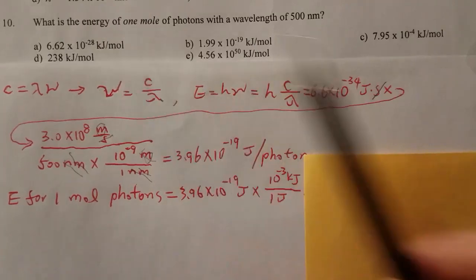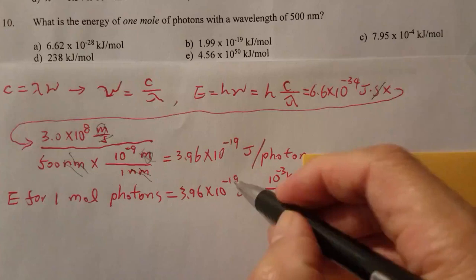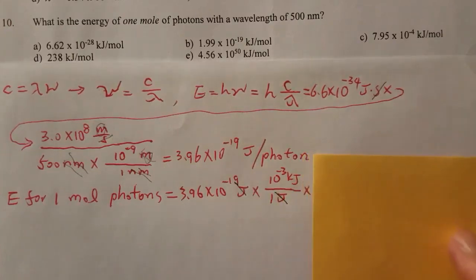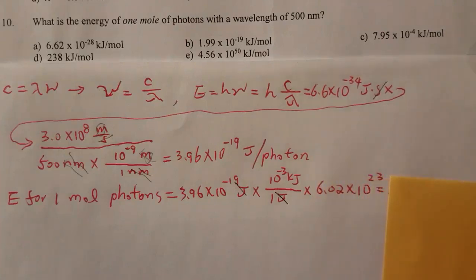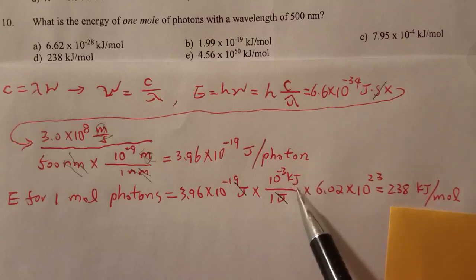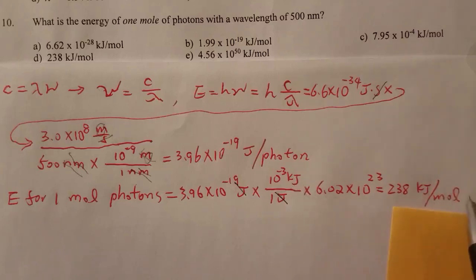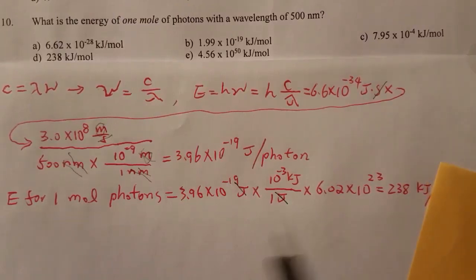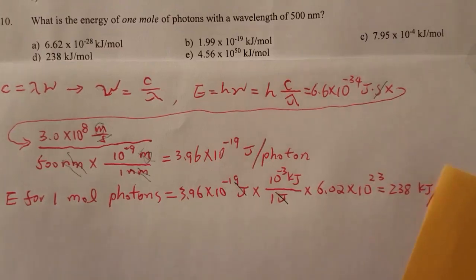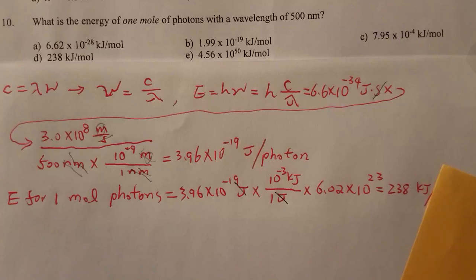So I convert from joules, putting that on the bottom so they cancel, to kilojoules. Now times the Avogadro number, and the final answer carries kilojoules. I also put mole in the bottom, but if you state this is the energy for 1 mole of photons, you may not need that. That's the way of solving this problem.